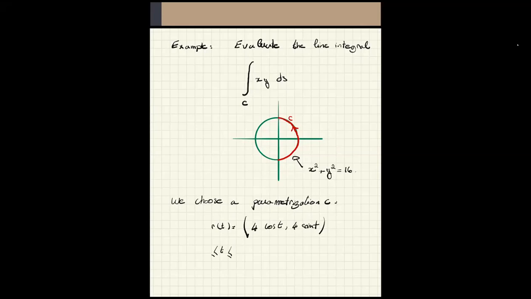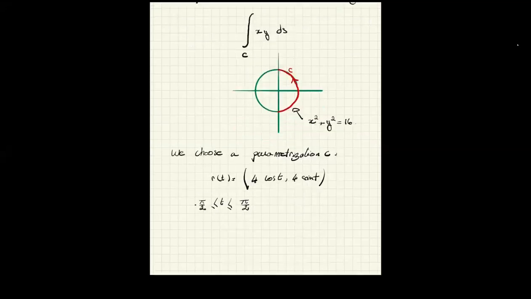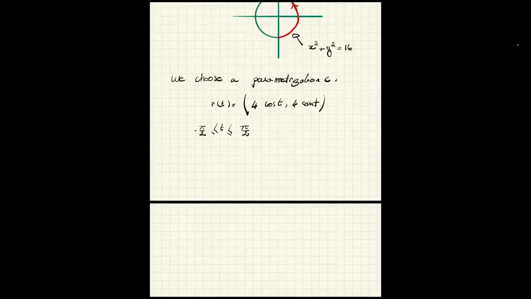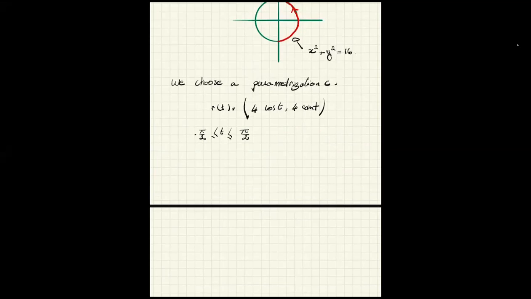But if you start from minus pi over 2, then you have to land on pi over 2. But you really have the choice to choose whatever orientation you want. If you start at 0 here, then you have to do this. Okay.